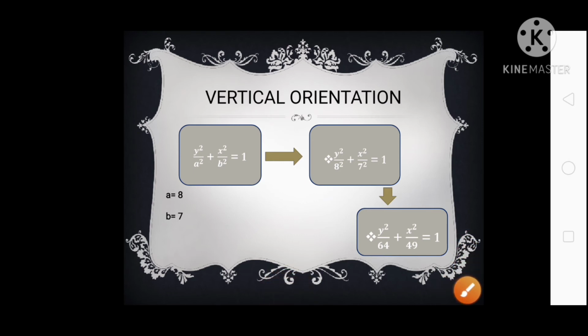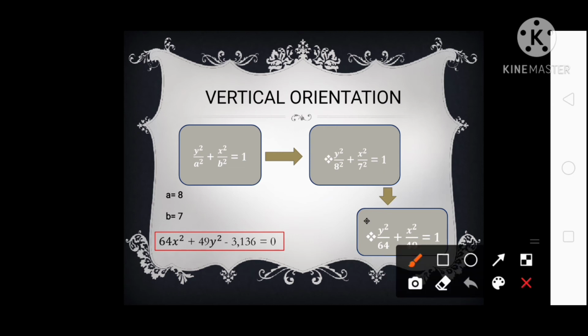Then after that, let's convert our equation into general form. The same, let's multiply first our denominators, the 64 and 49. The answer is positive 3,136. That's multiplied to y squared, so we have 3,136 y squared divided by 64, and we have 49y squared.